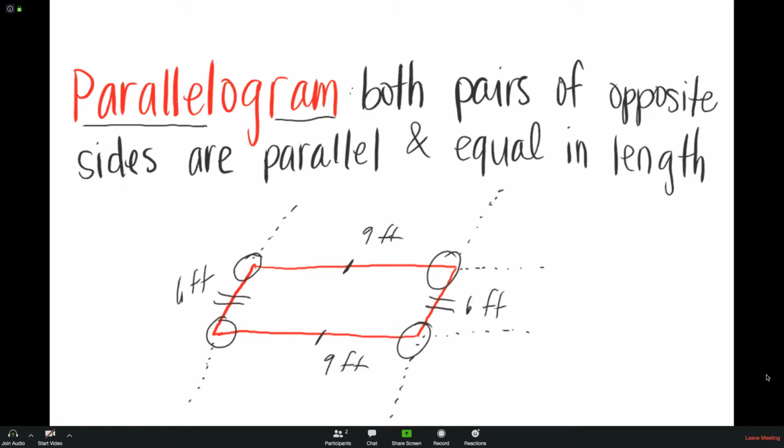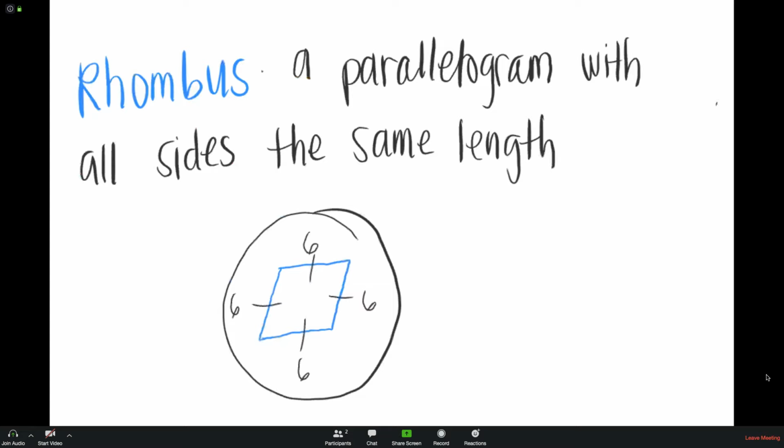They just have to have opposite sides be equal. But a rhombus has to have all sides equal in order for it to be a rhombus. So a rhombus is similar to a rectangle. Rhombuses can also be called parallelograms, but what makes them specifically a rhombus, which is the better answer to use, is that they have all sides the same length. Okay?